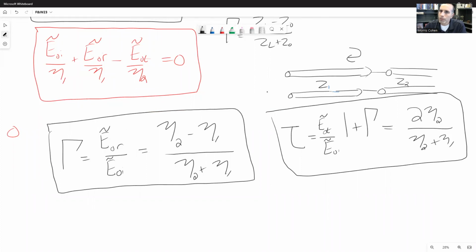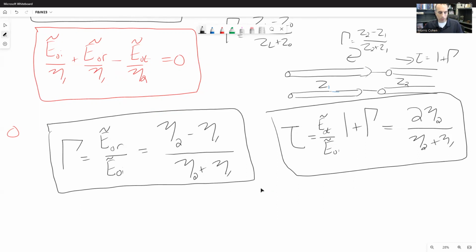The reflection coefficient right here was Z2 minus Z1 over the sum. And that's exactly the same definition that we have with complex impedance. We also have the transmission coefficient tau, which equals 1 plus gamma. And that, again, is exactly the same. So the radio wave reflecting off the dielectric boundary is exactly the same as the voltage wave reflecting at a boundary between 2 different transmission lines with 2 different intrinsic impedances.